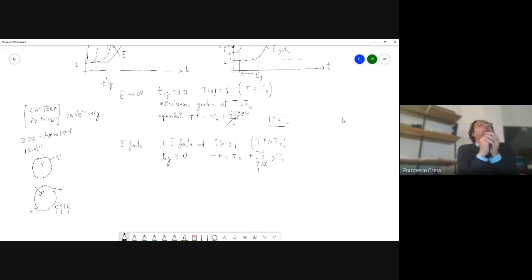So you don't have an equilibrium point which is eventually reached, but you have a continuous oscillation, okay? It's like a ring in a phase space. It's a closed loop.